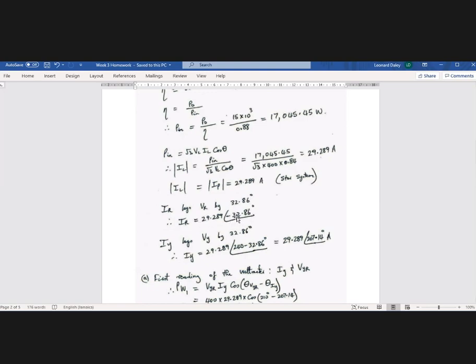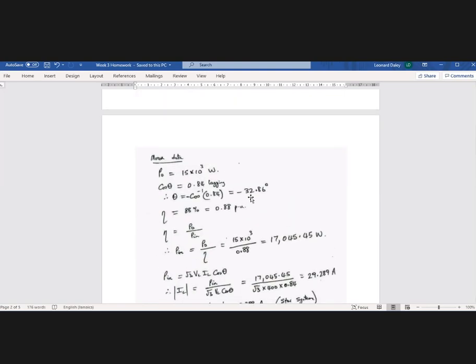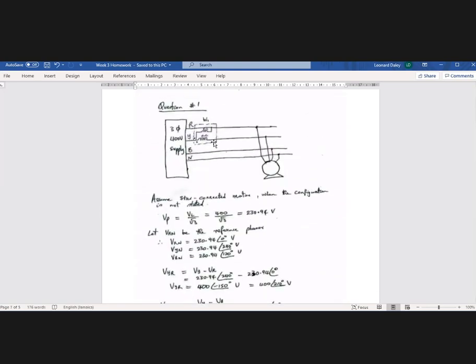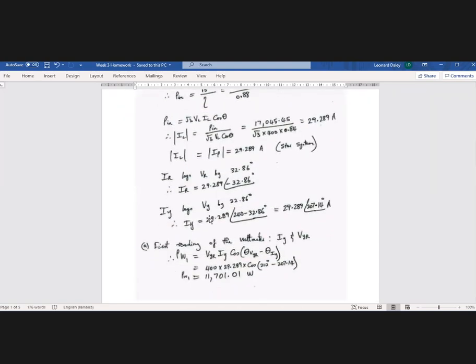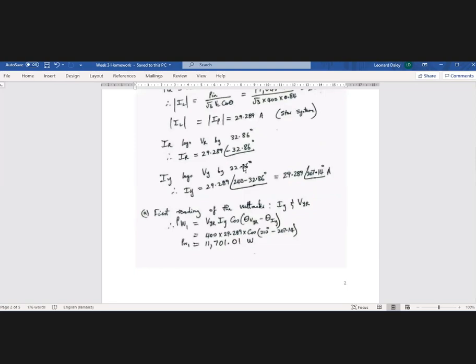But as I said, the question had only one current of interest, IY, the current coil in the yellow line. So we only need to find IY. All right. So IY lags VY by 32.86 degrees. So IY is 29.289 at angle 240, because VY is at 240, minus the 32.86. So I get IY to be 29.289 at angle 207.14.